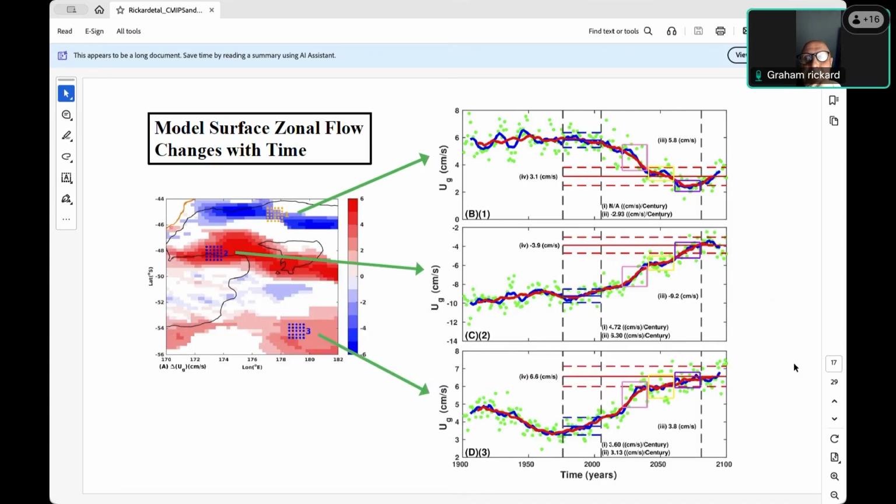In each of them, the flow that was in one direction has changed. The top flow is reduced. The middle flow was a negative flow, so it's become less negative. And the bottom flow is the flow in the Southern Ocean that has steadily increased. So the model is capturing those three phases, even at some of the scales of Bounty Trough.